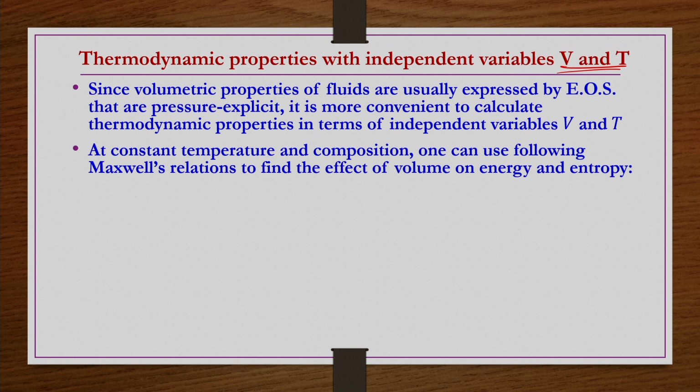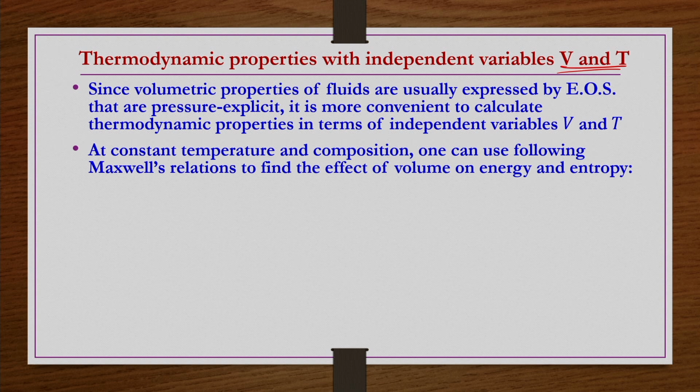At constant temperature and composition, one can use the following Maxwell relations to find the effect of volume on energy and entropy. In the previous lecture we saw the effect of pressure on entropy and enthalpy, because we had written it in volume explicit form.